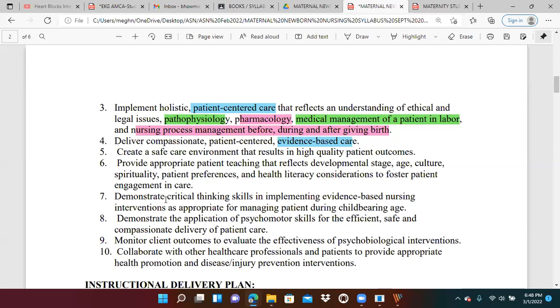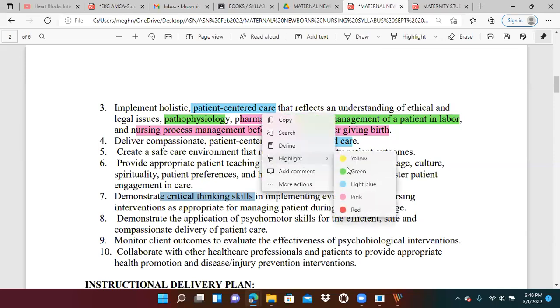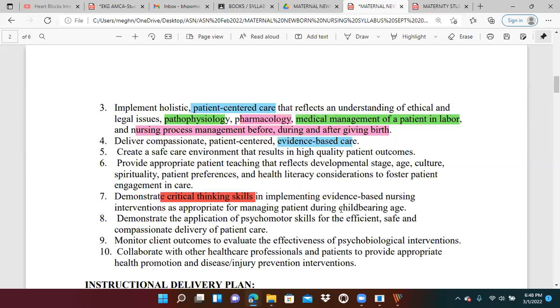Also demonstrate critical thinking skill. Wow. So you see, my friend, you get your diploma, you have the license, but your brain does not work. So you have to know how to coordinate what you learn from school. When you're dealing with your patient, get the history from the patient, get the laboratory results, and you have to coordinate all of them.